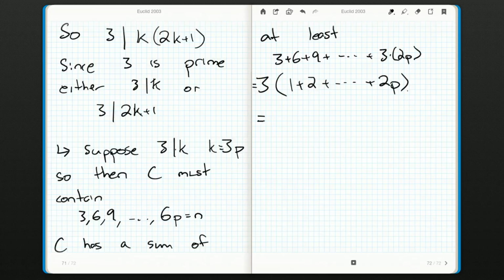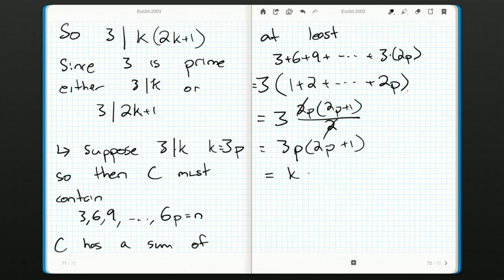And so that's 3 times (2p plus 1) all over 2. These 2's are going to cancel out. So that's 3p times (2p plus 1). Now 3p happens to be k. So we're looking at k times (2p plus 1).